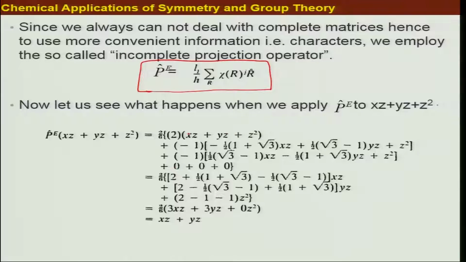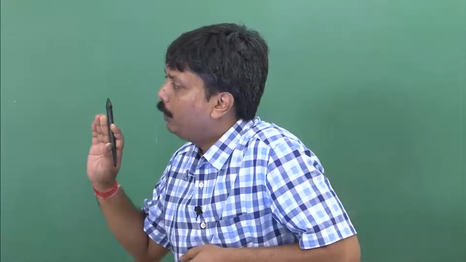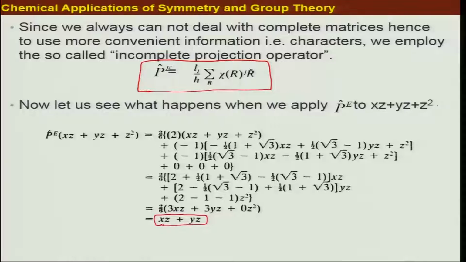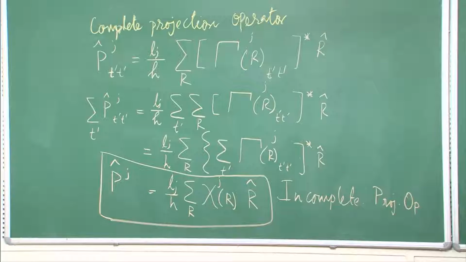So, when you simplify the whole thing, you get this, and even more when you simplify, ultimately you get xz plus yz. Again, this is not surprising, because that projection operator Pj, which we are using right here also as Pe, was formed by summing up the individual projection operators P11 and P22, right.